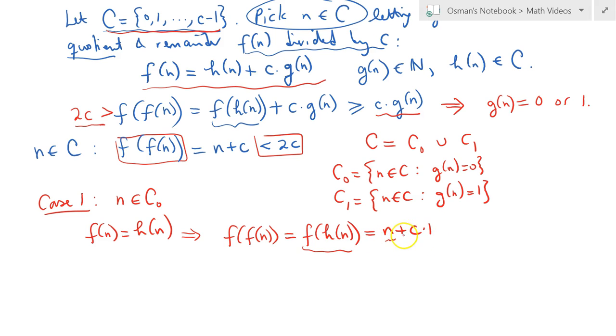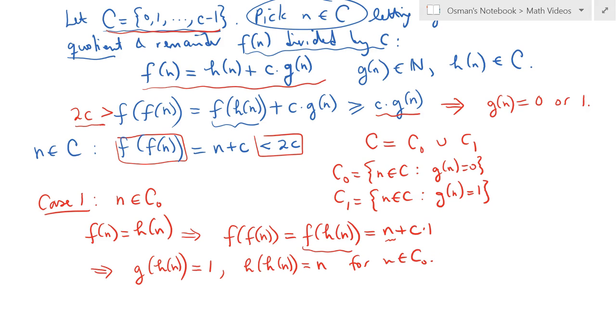So therefore, referring back to the definition for h of n and g of n, this implies that g of h of n is simply equal to 1, and h of n is equal to n if n is in C0.